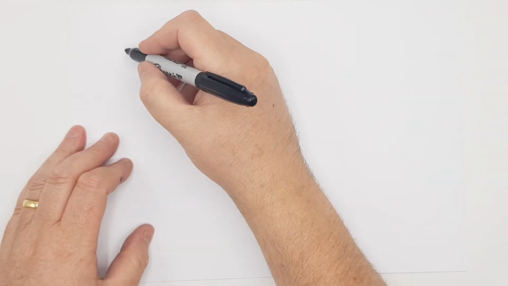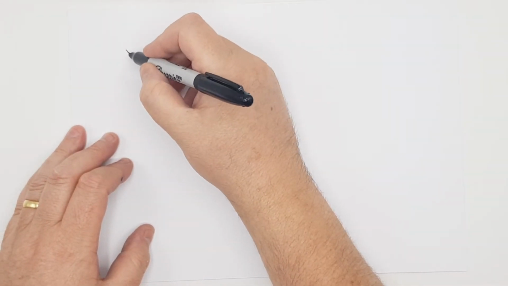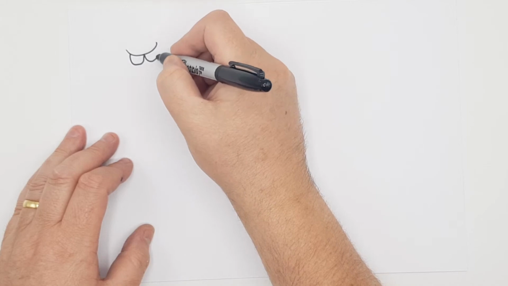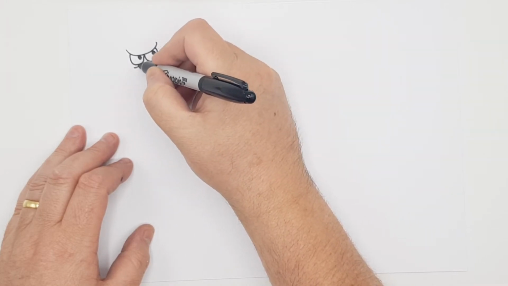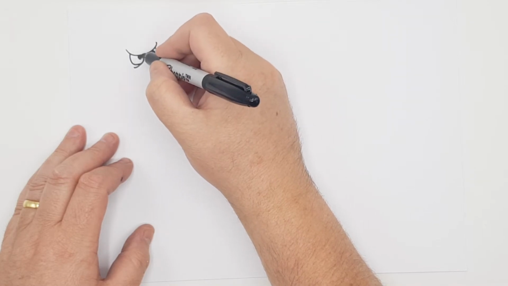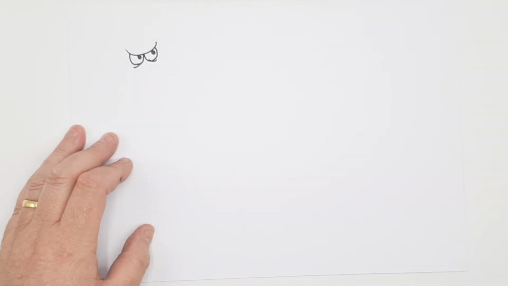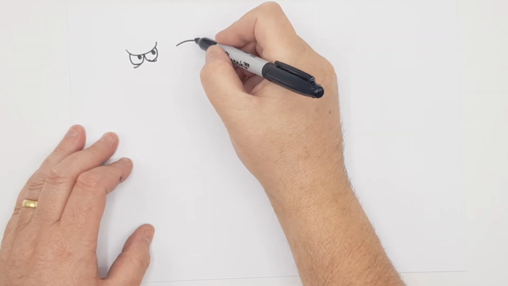So now what we can do is get our Sharpie or any other kind of marker pen out and start using what we've been practicing with our pencil drawings and just start doodling in a free format way. So I'm just going to start drawing some of the eyes that I've already drawn while using the pencil and just convey a range of emotions here.